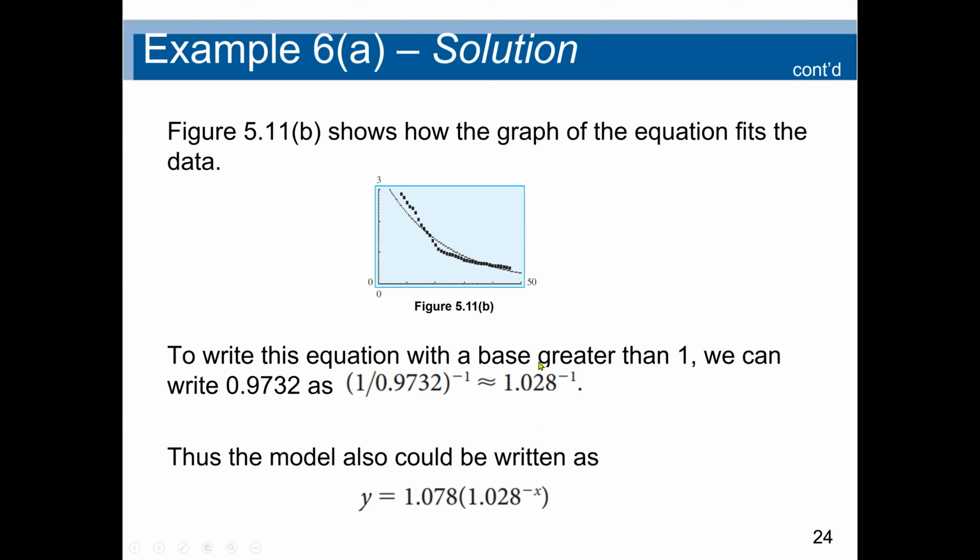Then to write this equation with a base greater than 1, we can write, here we have 0.9732 as 1 over 0.9732 to the power negative 1. So that will give us approximately 1.028 to the power negative 1. So we can say that this is a decay because the dollar purchasing power goes down as the years go by. Previously, we saw that our exponent is a positive variable for a positive value.